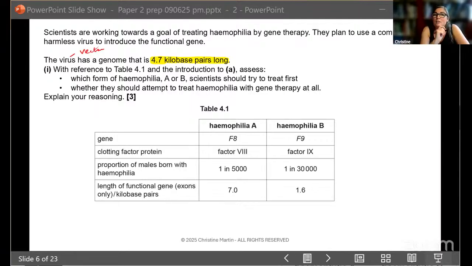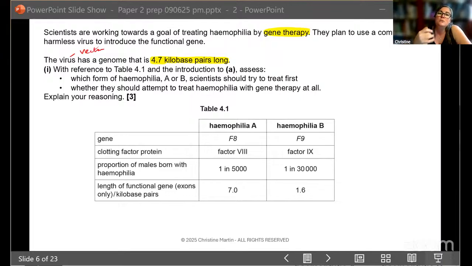We've got a virus, which is a vector. And what we're going to do is in this vector, we are going to introduce potentially a gene, a desired gene, and we're doing it through the process of gene therapy. So we're inserting a gene to a vector. The vector is the virus, but the virus's genome is 4.7 kilobase pairs long.